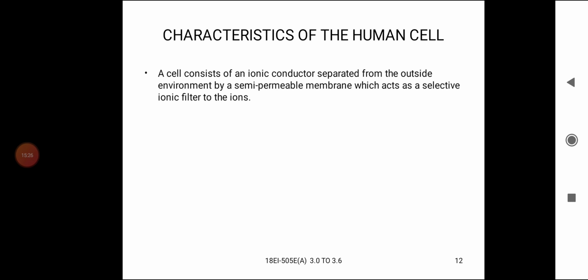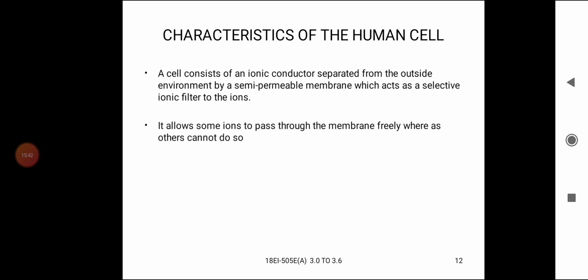The cell consists of an ionic conductor separated from the outside environment by a semi-permeable membrane, which acts as a selective ionic filter to the ions. It allows some ions to pass through the membrane freely whereas others cannot.